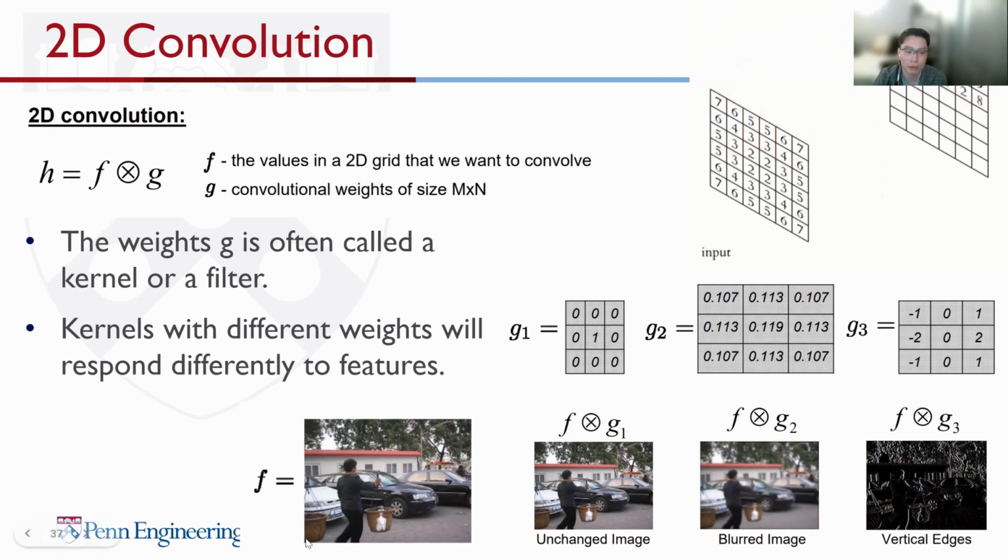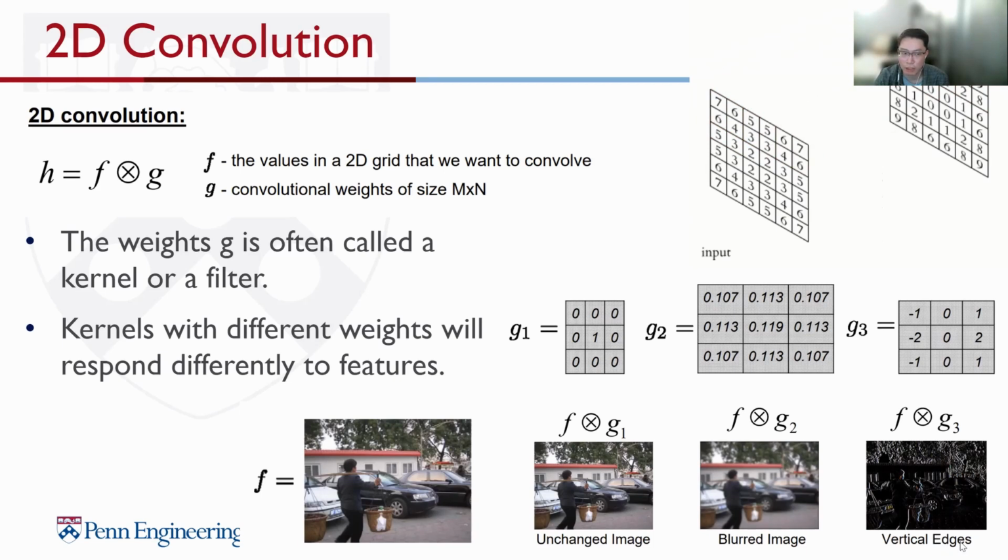F is the original picture. G is the filter. For example, if it's only a one over here, that's unchanged. If it's like this one, it's probably a Gaussian blur, with a Gaussian shape, and it gives a blurry image. For example, here we can see it's dimming one side and brightening the other side.